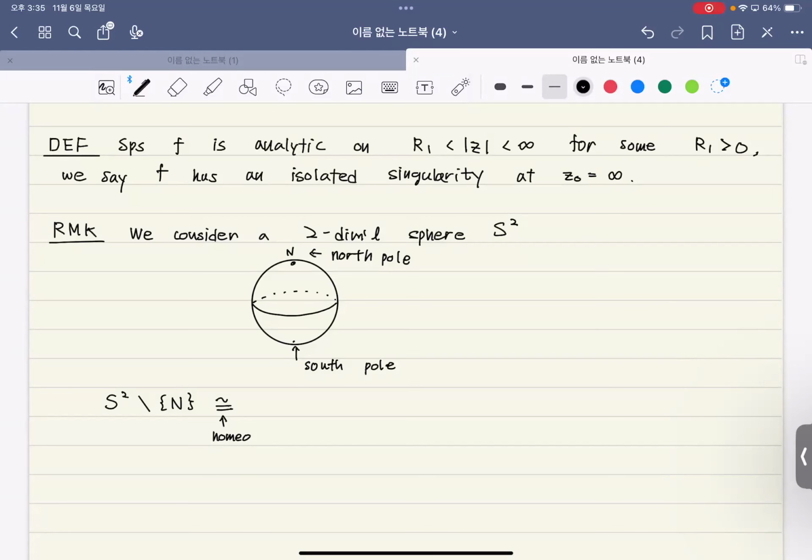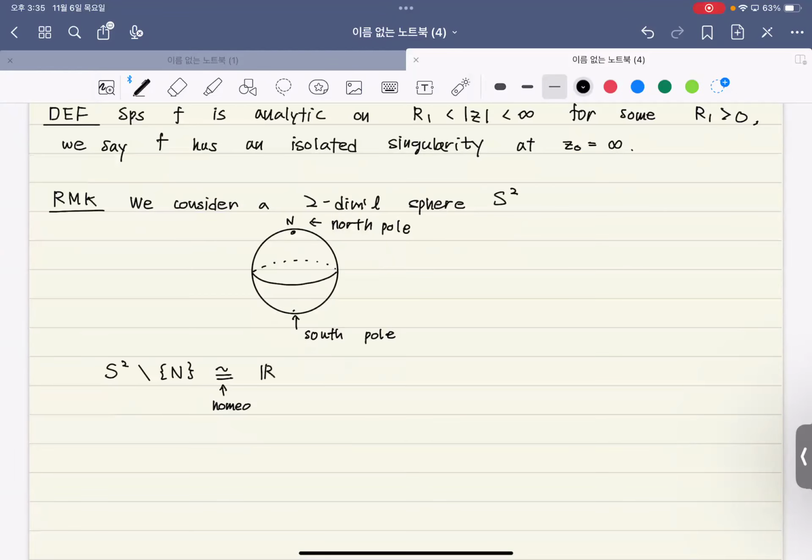If you know a little bit of topology, then I can explain like this. I have an S2, and if I get rid of the North Pole, then this is homeomorphic to the two-dimensional plane, which can also be considered as C. This is R2, but this R2 should be considered as the complex plane.